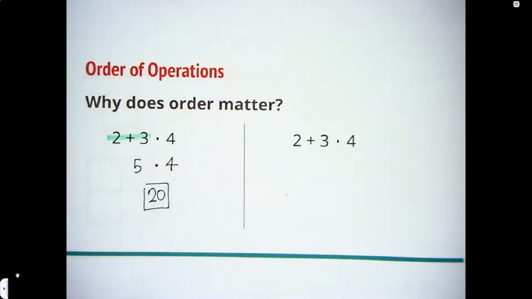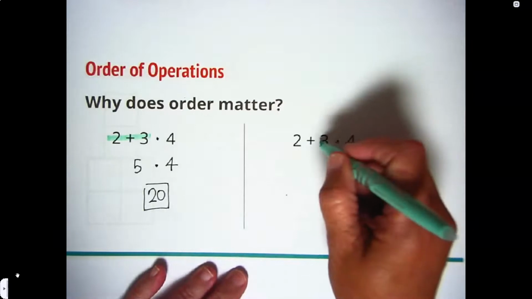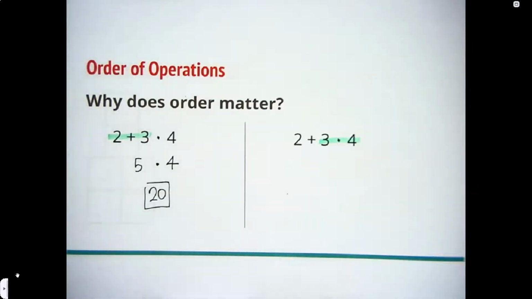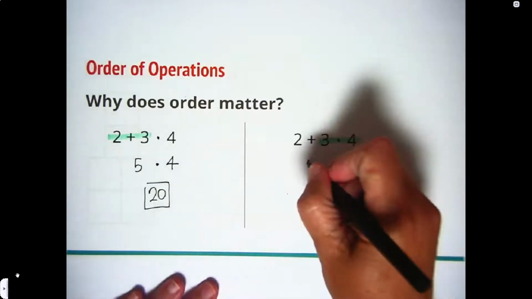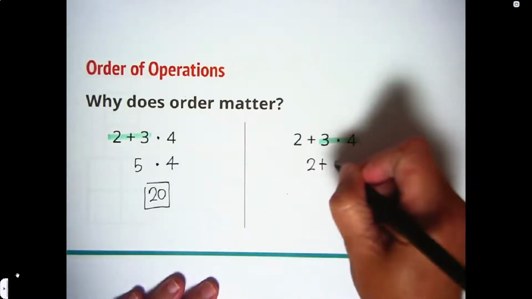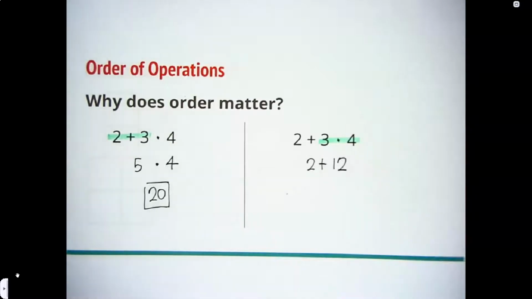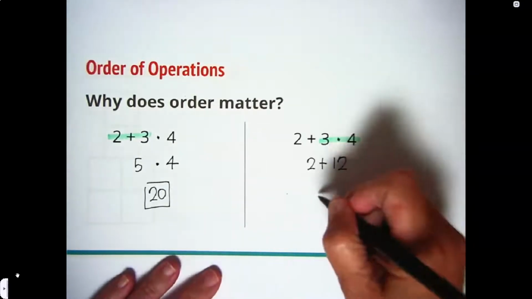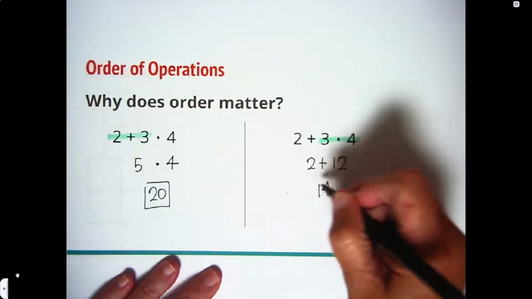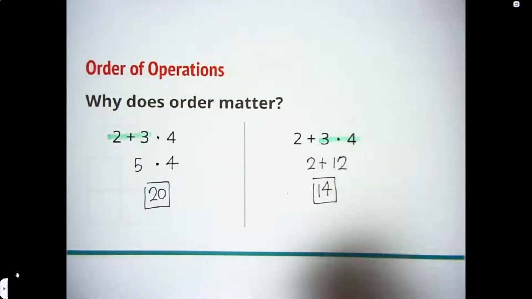Now, same problem. This time, let's suppose I decide, well, I would rather multiply first. So I want to do 3 times 4 first. If I choose to do that, then this is going to become 2 plus 12. And then when I add 2 plus 12, the value of my expression turns out to be 14.